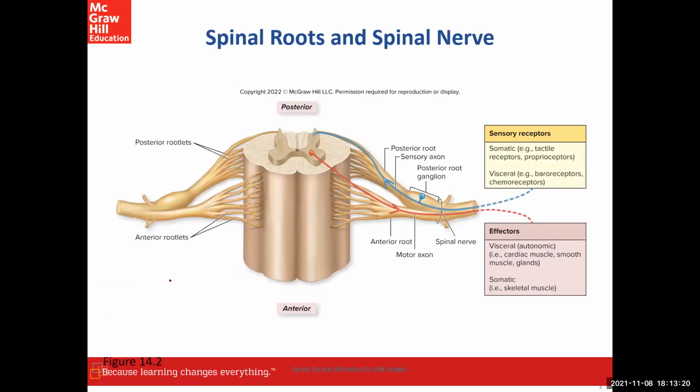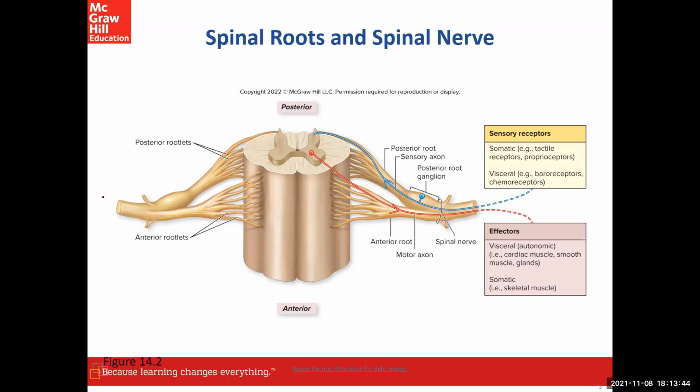I really think that this is one of my favorite pictures for this chapter, because it shows you the importance of understanding the anatomy and physiology of the spinal cord, and also spinal roots and spinal nerves. Now, keep in mind, a spinal nerve is a nerve that comes off of the spinal cord.